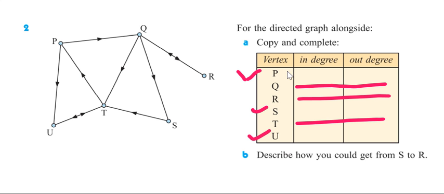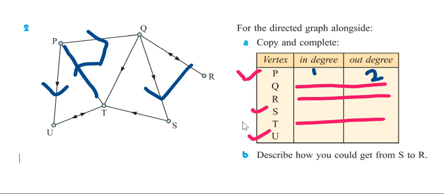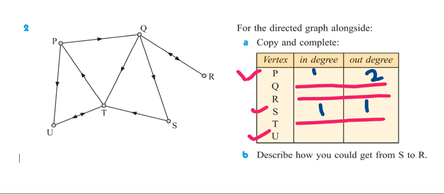For P, the in degree is 1 because only 1 is coming in. The out degree for P is 1, 2, which makes it a 2 out degree. For S, the in degree is 1, and the out degree is also 1. For U, let's erase this to make the diagram clear.